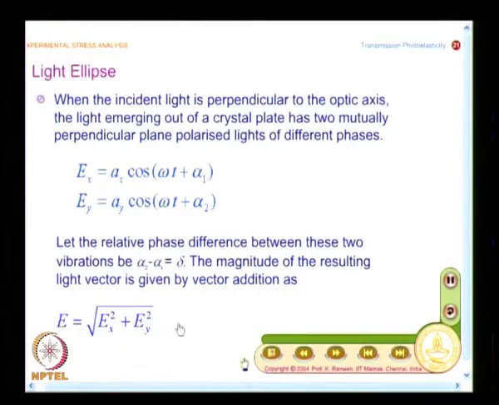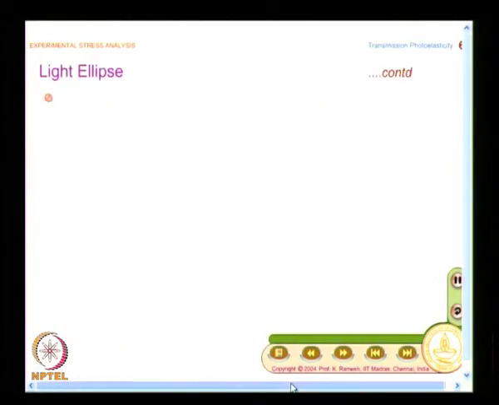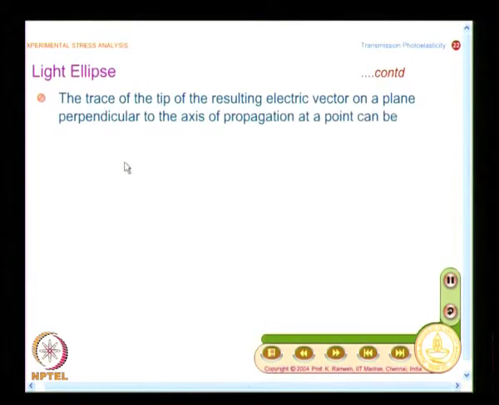Now, my interest is what would be the trace of the light that comes out of the crystal plate. For me to do that, I have to eliminate time. What I want is the trace of the tip of the resulting electric vector on a plane perpendicular to the axis of propagation.